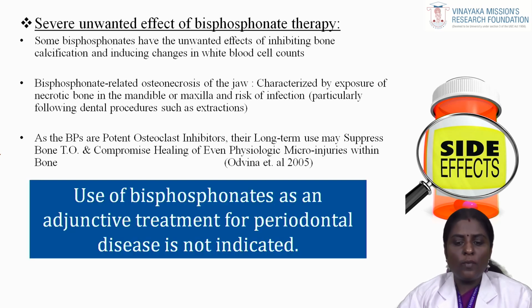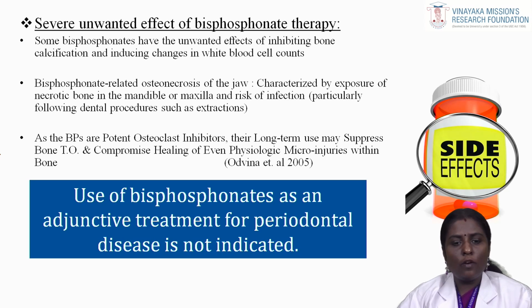So, use of bisphosphonates as an adjuvant treatment for periodontal disease is not indicated. Again, I repeat, the use of bisphosphonates as an adjuvant treatment for periodontal disease is not indicated, and NSAIDs are also not indicated. As of now, Periostat is the only FDA approved drug for host modulation therapy in periodontitis.